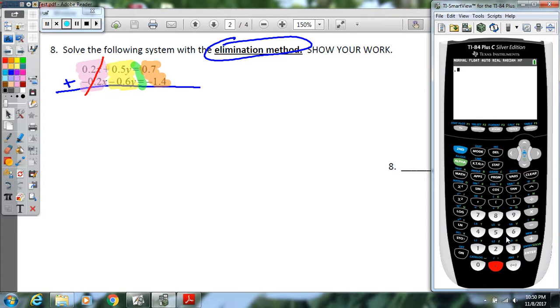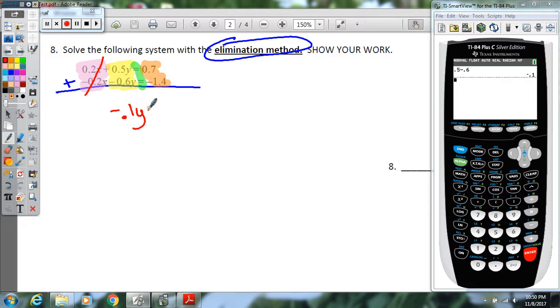So I'm getting my calculator and I'm going to put in 0.5 minus 0.6 and hit equals. And it's negative 0.1. Okay, so I'm going to bring that down as negative 0.1y is equal to. Now, back to my calculator, I'm going to put 0.6, and I could put plus negative 1.4 or just minus 1.4. But 0.7 minus 1.4 is going to get us a negative 0.7.